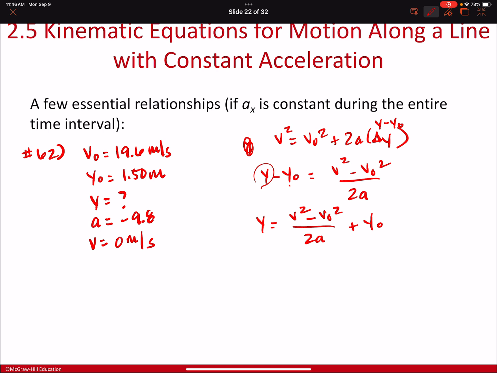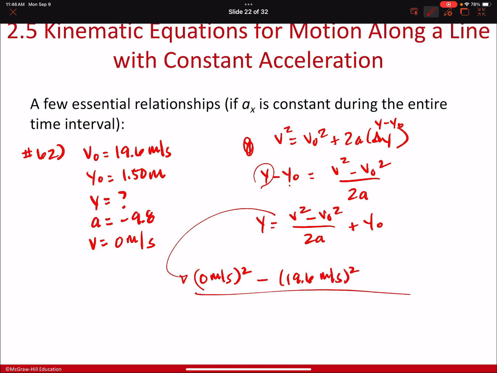So what is my final velocity that I said again? It doesn't say, but we need to know that if it gets to the top height, it is 0. Minus my initial velocity, which was 19.6, divided by 2 times what's gravity, or acceleration, I mean, is gravity, negative 9.8 meters per second squared.